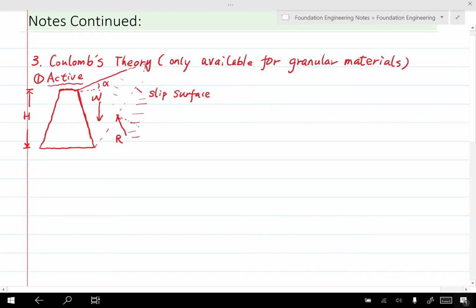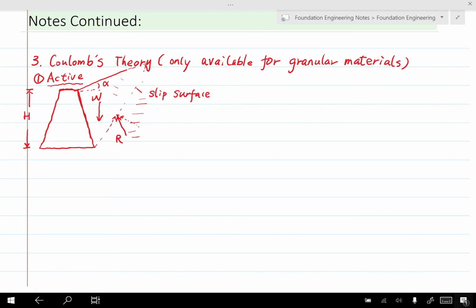So if it moves downward, then the soil body on the other side of the slip surface would, first, have a vertical force to sustain the weight of the soil body above it. It should also exert friction. And the combination of this normal force and friction will generate this total reaction force, R here.